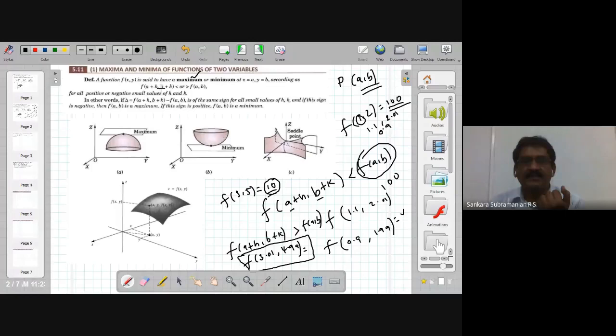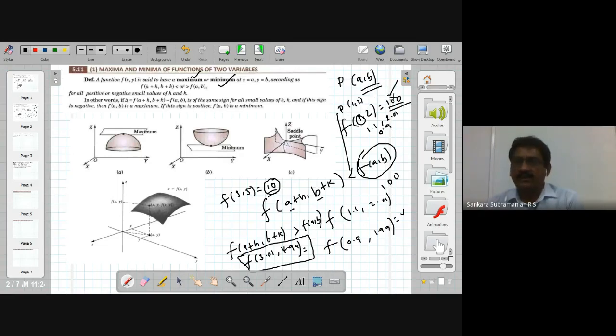So if I claim that f(x, y) attains its minimum at a point (a, b), if f(a plus h, b plus k) must be greater than f(a, b), then that is the definition for the minimum. This is an example illustrated assuming that f is a function of two variables and f attains the maximum value at a particular point, say P (1, 2), and its maximum value is 100.